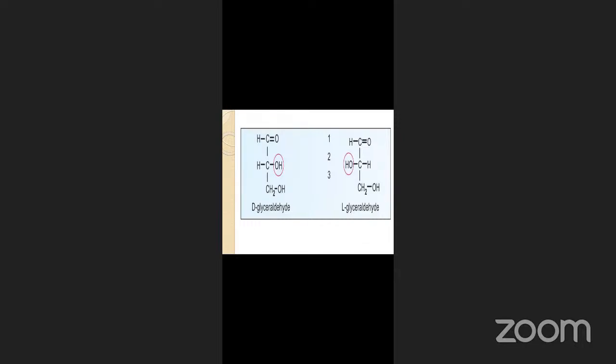In the second carbon, you have H and OH. D-glyceraldehyde has OH on the right hand side and H on the left hand side, whereas L-glyceraldehyde has OH on the left hand side and H on the right hand side. And on the third carbon, you have CH2OH.